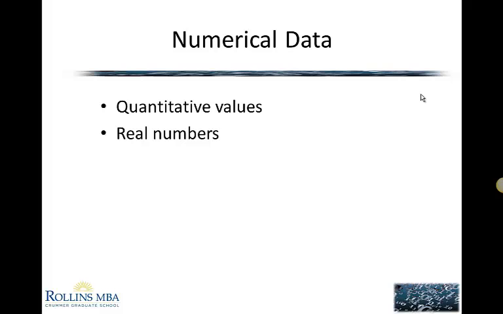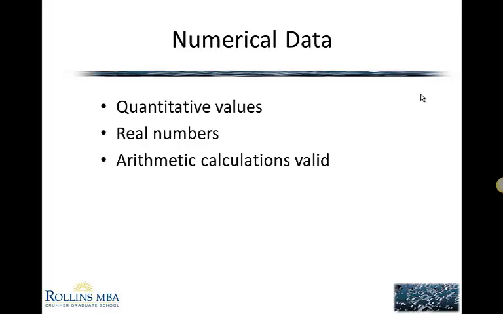And by that, we're talking about pretty much everything on the number line between positive infinity and minus infinity, including zero. So whole numbers, fractions, which can be expressed as decimals, etc. Positive numbers, negative numbers, zero. And the idea is that on real numbers, on numerical data, arithmetic calculations are valid.